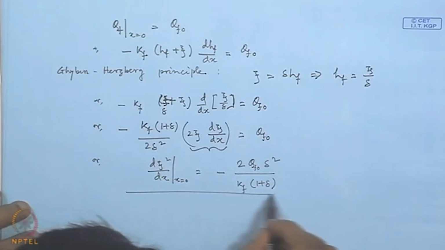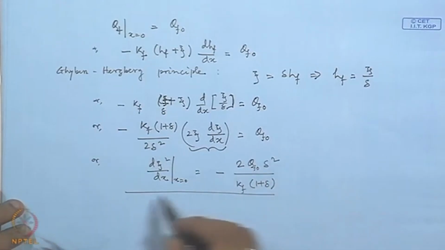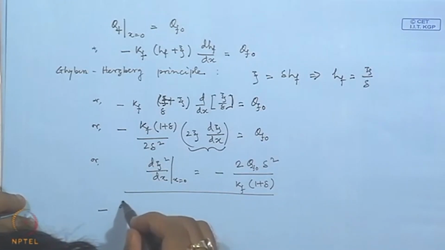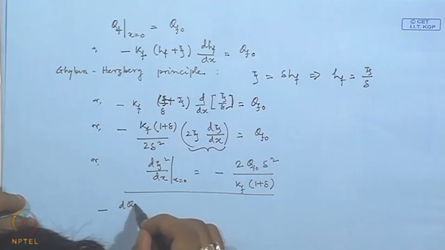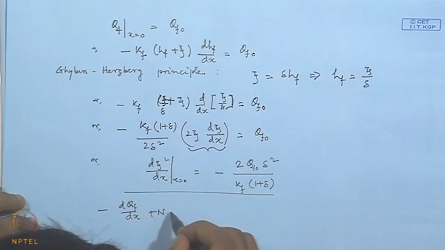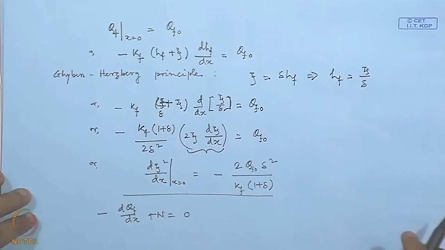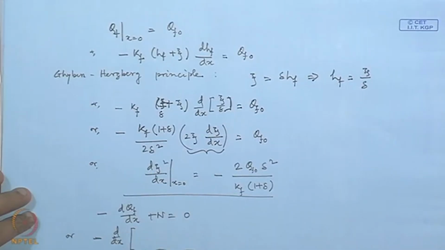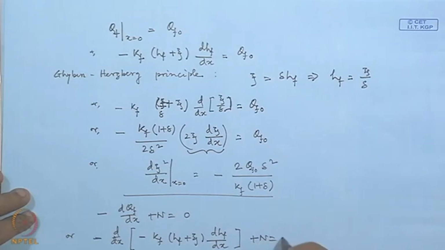Again, from our fundamental relationship that we have derived, that is d Qf by dx plus n equals to 0, and in this one if we substitute Qf, then we will get d by dx of minus Kf Hf (Hf plus xi) dHf by dx plus n equals to 0.